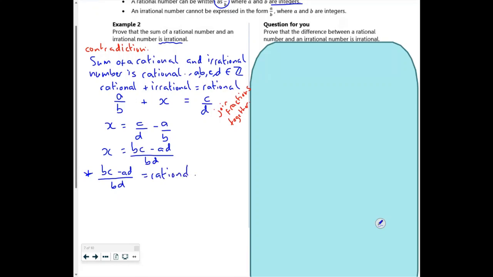So what I've got is an irrational is equal to a rational, which is impossible. You break the world, it would implode. You can't have an irrational number equal to a rational number. It is just physically impossible. So because of this, my contradiction fails.